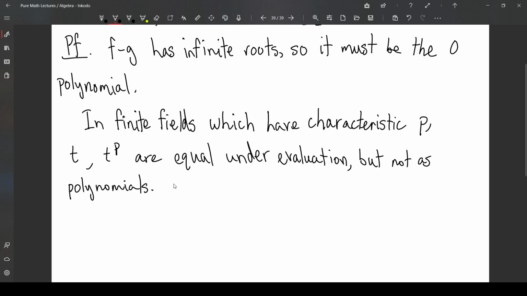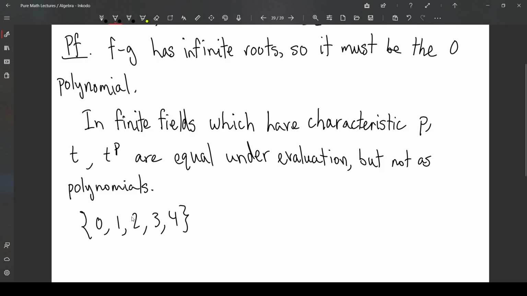So an example of this is, say, Z mod 5Z. So that would be a prime. So this is a finite field. Everything has an inverse. And so if I raise anything to the fifth power, I'm going to get back itself, right? So 2 to the fifth is 32. 32 mod 5 is 2.